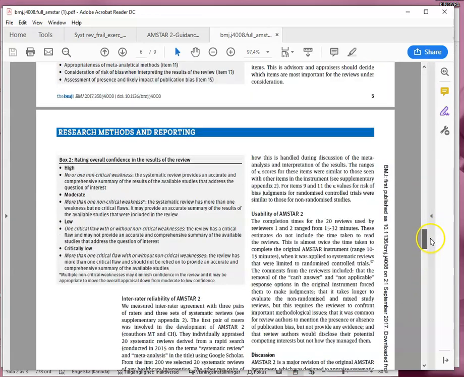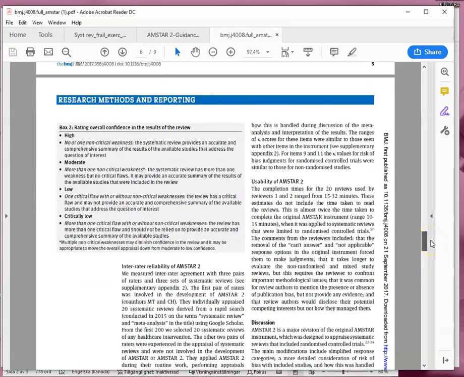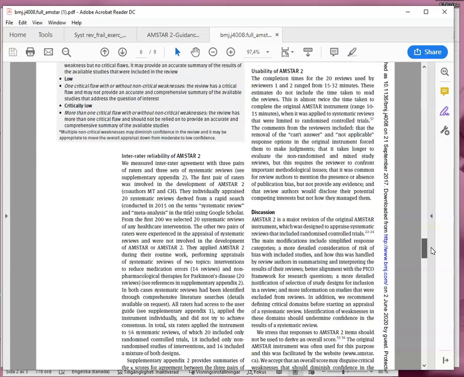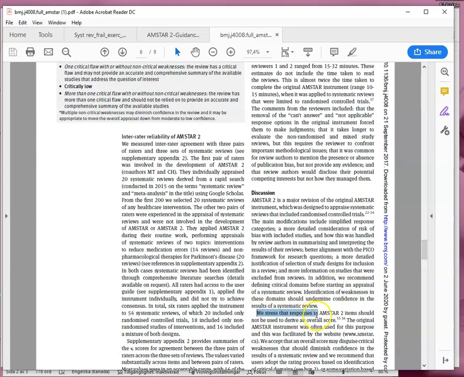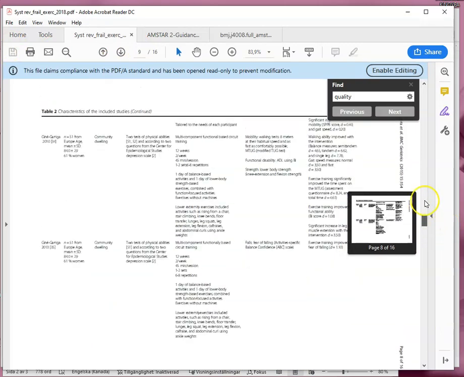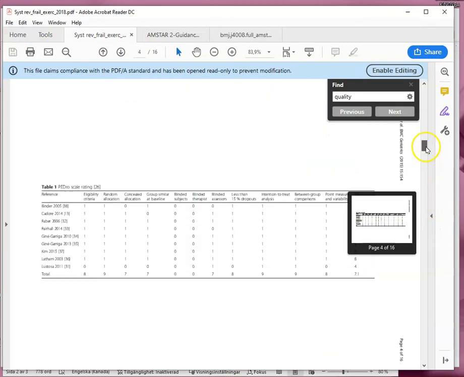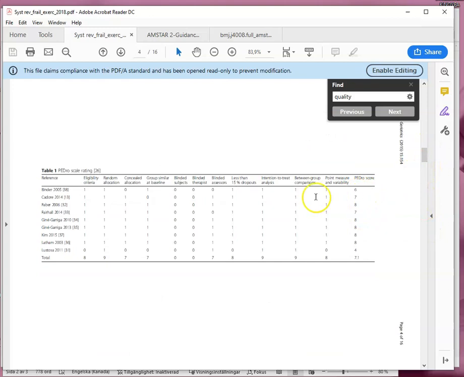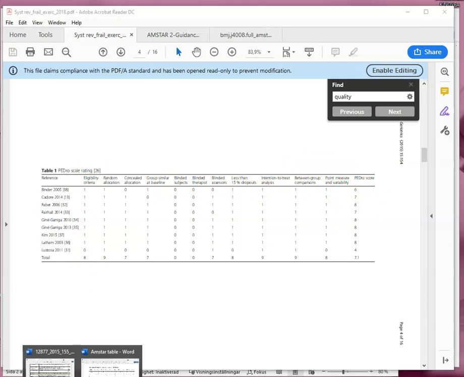They say like this, that we stress that the responses should not be used for an overall score. As I showed you here in the PEDro, the PEDro is working with this overall score. You see that you count 1, 2, 3, 4, 5, 6 points. The first one doesn't count, but you have 6 points. So you make a total score for that.